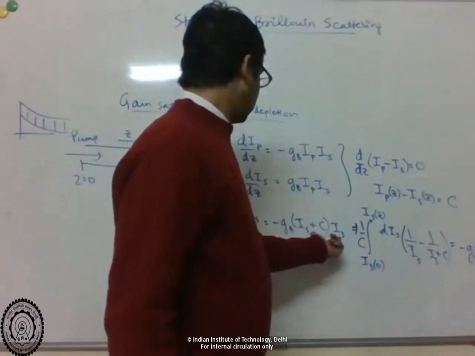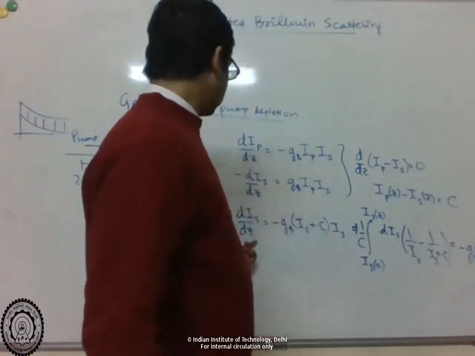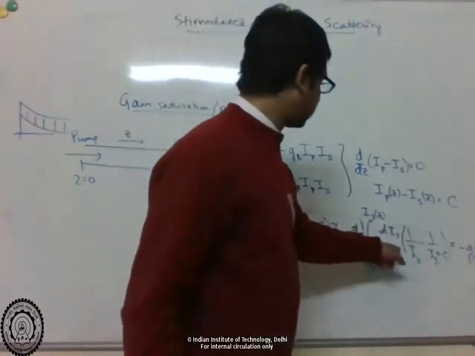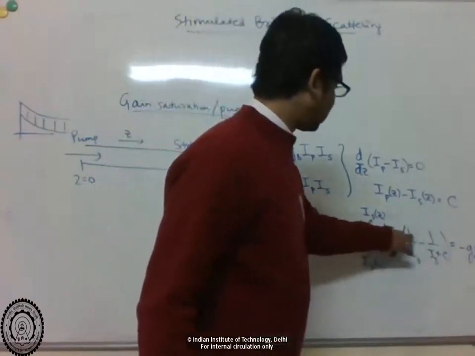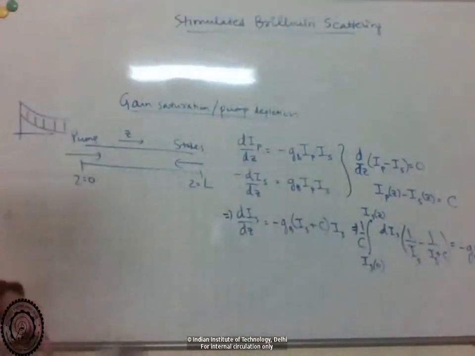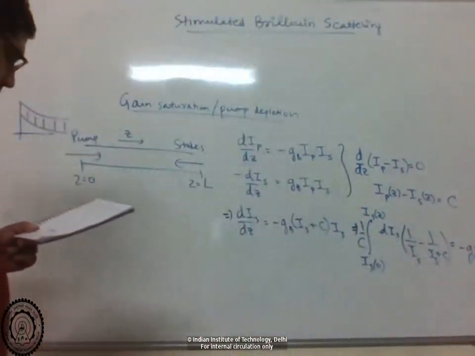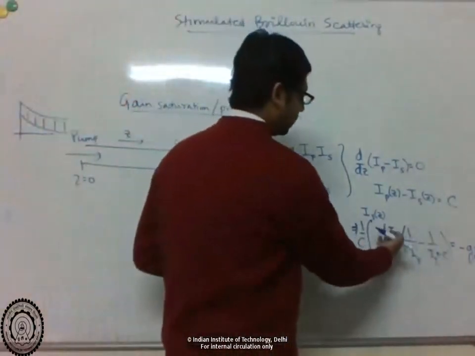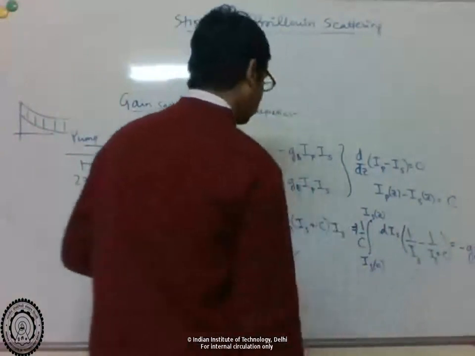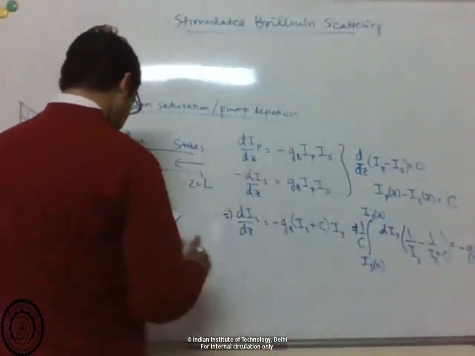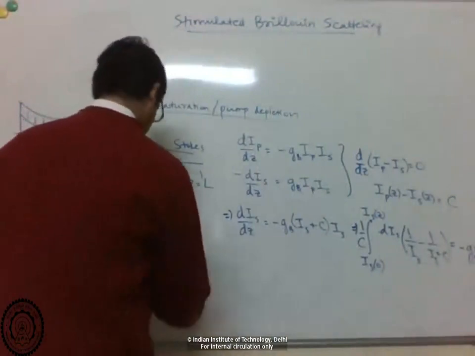We take IS times IS plus C here. So here we get 1 over IS times IS plus C, which I can write as 1 over C times 1 over IS minus 1 over IS plus C. Now these are simple integrals, dx over x, so we know the solution is a log function.